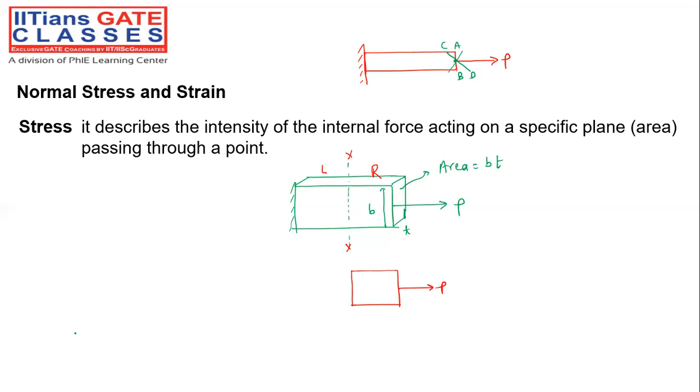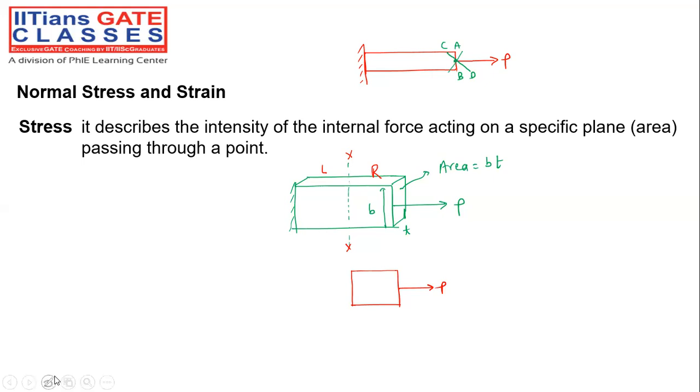Newton's first law says that whatever the molecular gap within the material, it will remain the same. The molecules want to maintain the same gap, but by applying the force P you are trying to disturb the molecular stability of the material.